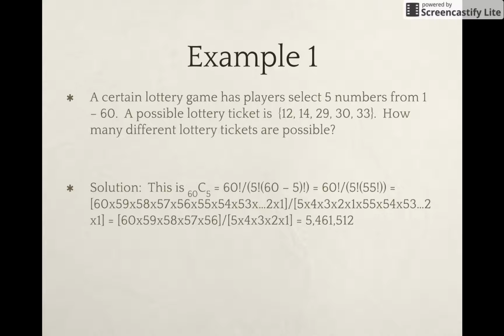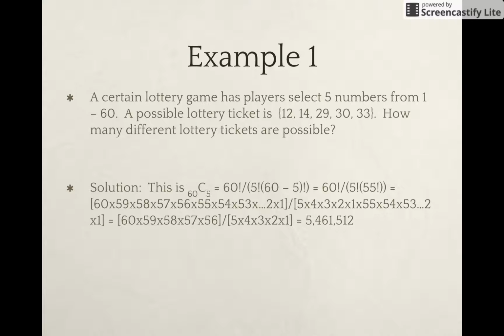And again, following that definition of nCr, using 60 as n and 5 as r, you can see here on the screen that we go through a bit of cleanup with that formula, and that ends up resulting in 5,461,512 ways.